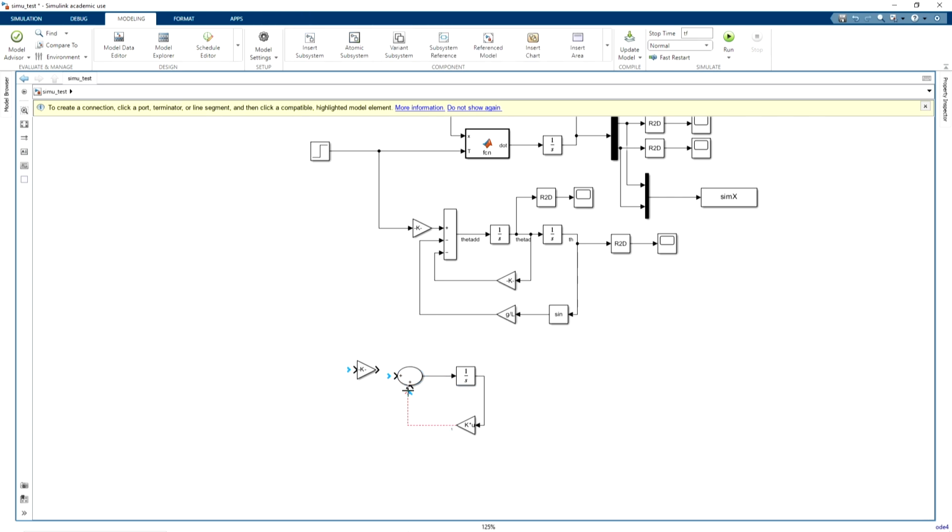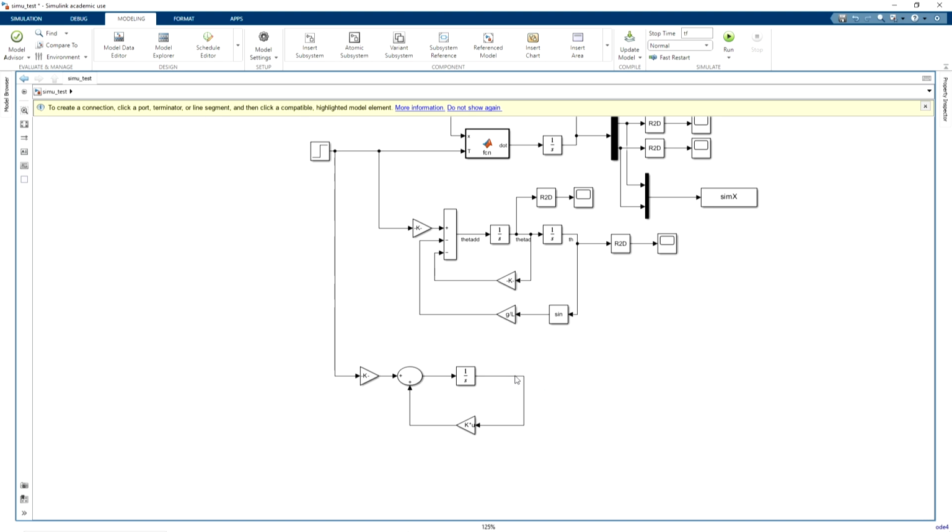Now this signal will go here, in this way. Now this torque will be here, right?